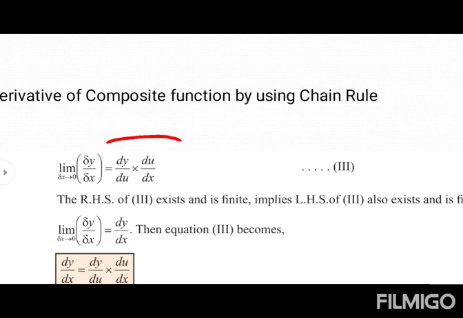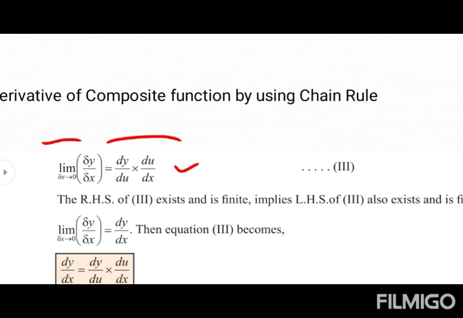Here our right hand side exists, so the left hand side should also exist. The right hand side exists and is finite, which implies that the left hand side should also exist. It means if the right hand side of any function exists or is differentiable, then the left hand side of the function should also be differentiable, by the definition or statement of the equation.